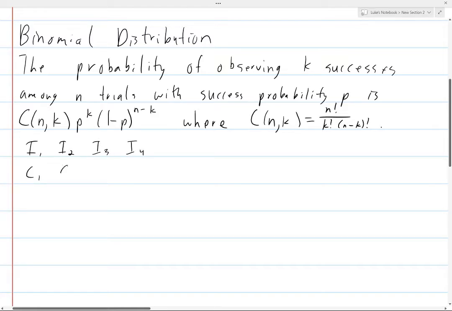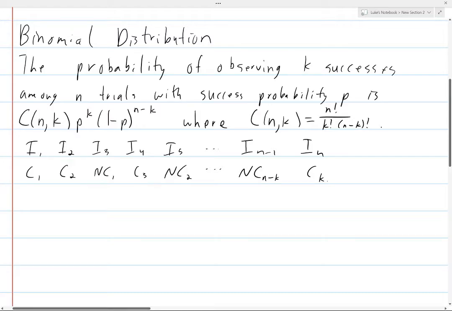You choose this item, you choose this item, you don't choose this item, you choose this item, you don't choose this item, and eventually at the end you've not chosen n minus k items and you've chosen k items, because we're trying to figure out the number of ways of choosing k items out of n.